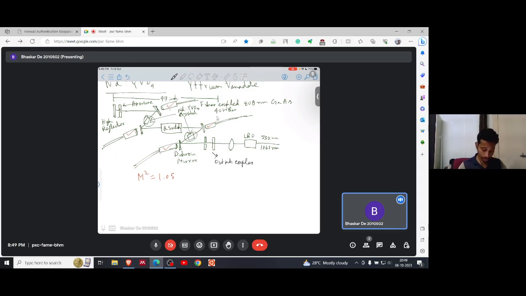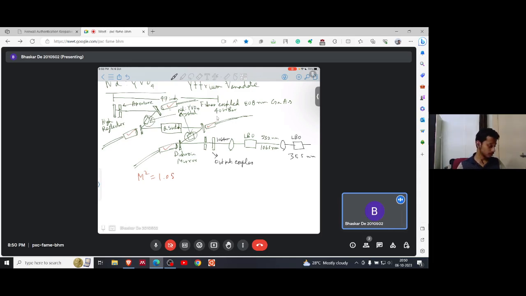This is a 1064 nanometer beam, and it focuses with a lens to the LBO crystal, which is used for second harmonic generation. Then we get 1064 nanometer and 532 nanometer, and then again it is focused with a lens on an LBO crystal, and we have the 355 nanometer.